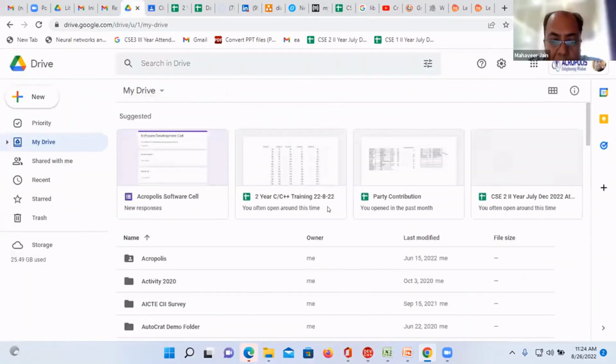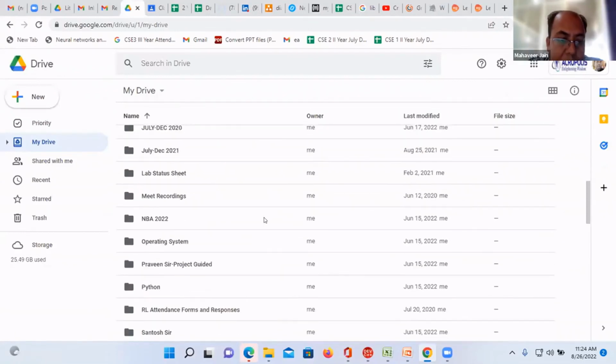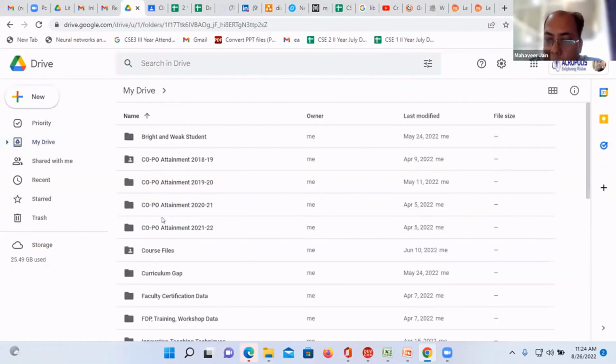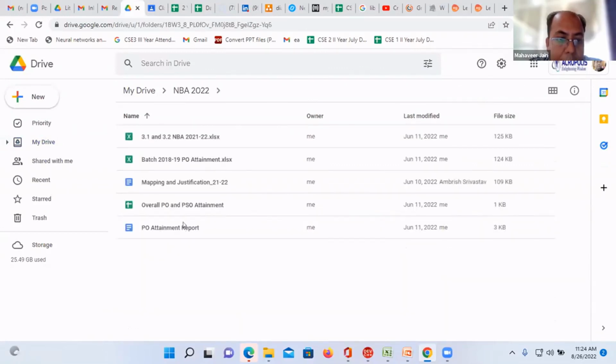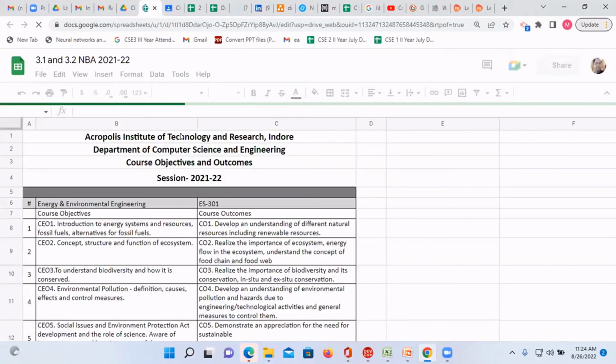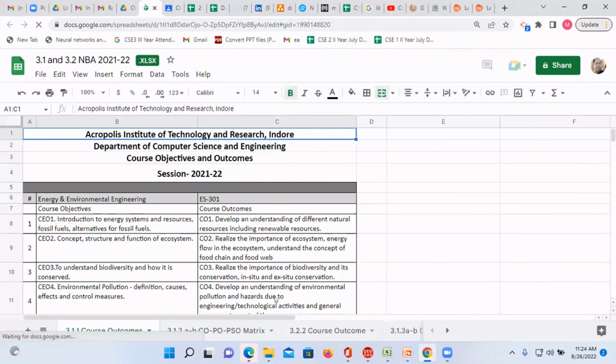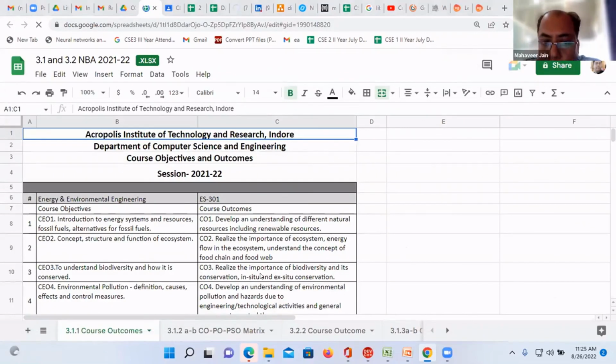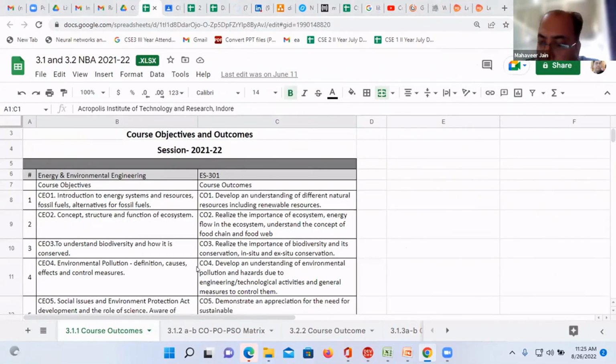I am showing another sheet also, to show how we can compile the overall attainment. My screen is visible? Yes, sir. So if you have compiled your PO attainment level for your course, then certainly every teacher has calculated his course outcome.